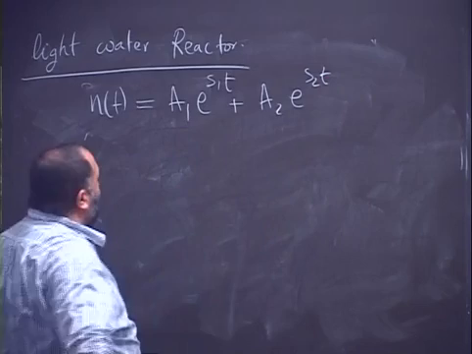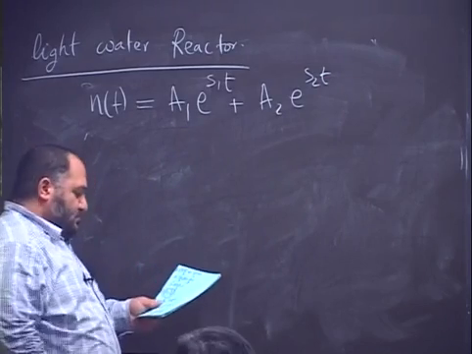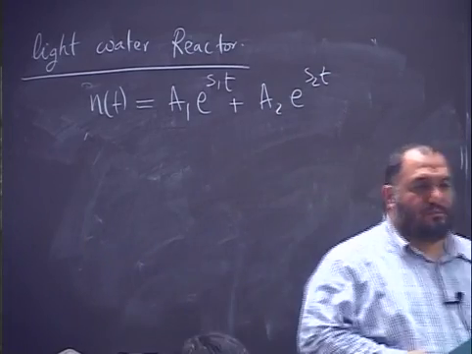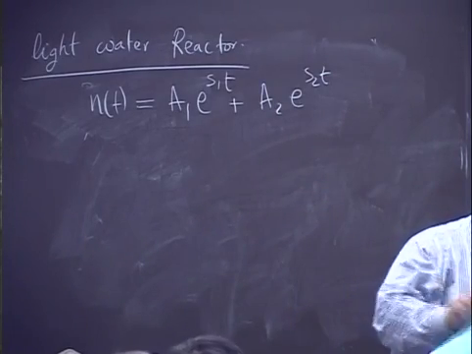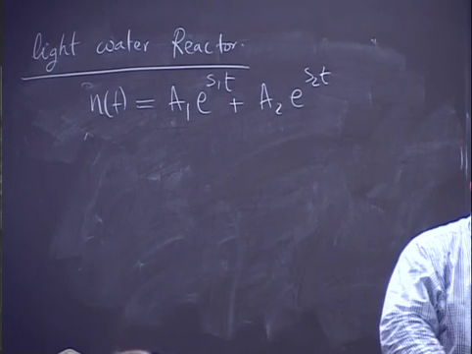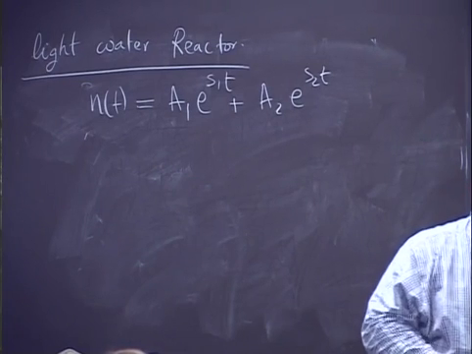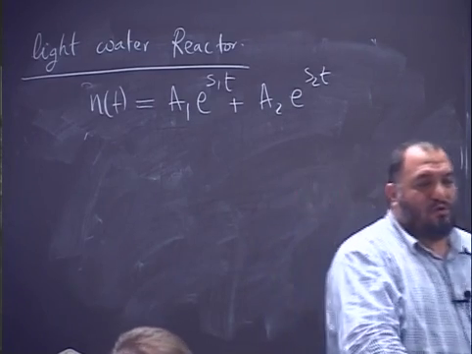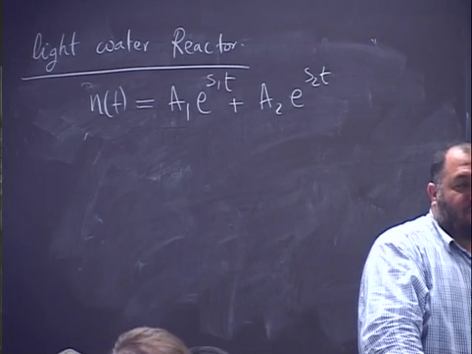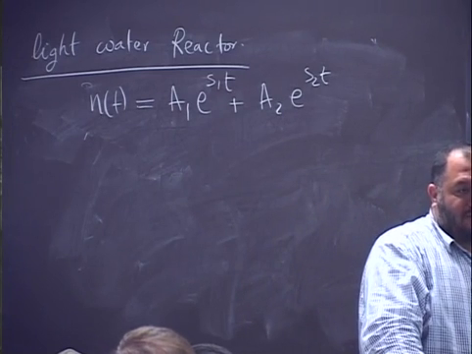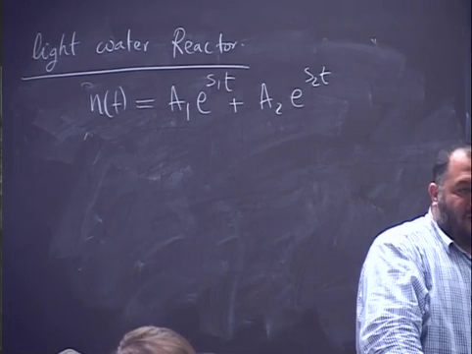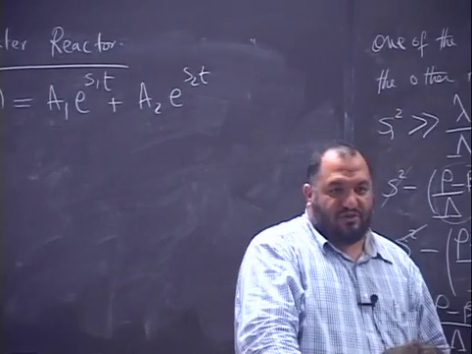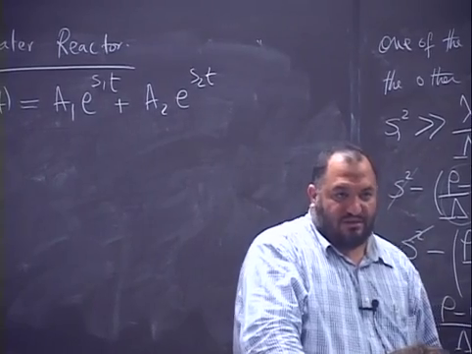How will we obtain A1 and A2? Initial conditions. Yes, guys? So you have to solve the initial condition for this one, and the other equation for C1 and C2 we already substituted for the value of C1 and C2 in terms of what? A1 and A2. So you have two equations and two unknowns, and you have the initial conditions N naught and C naught. Yes?